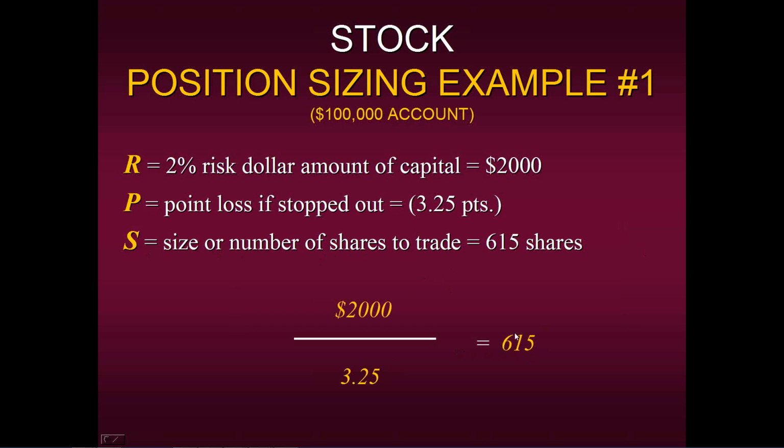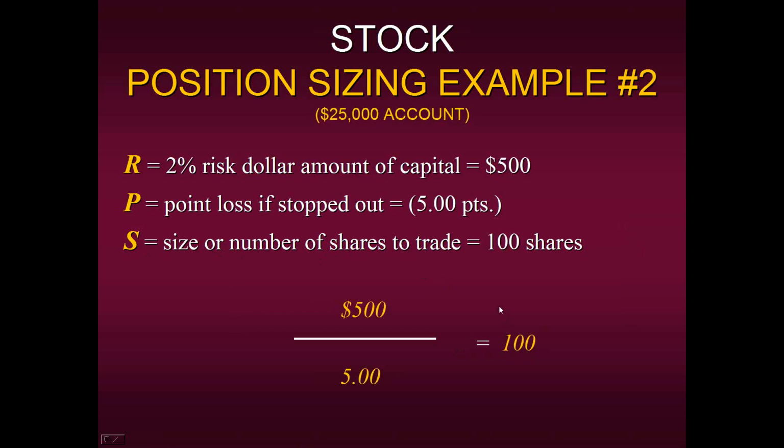Now let's look at another hypothetical example before we see some actual charts. Let's say we have a more close to home, a $25,000 account, okay? So what is 2% of $25,000? Well, R equals 2% risk dollar amount, which is $500. So that's the amount we're only going to risk, the dollar amount.